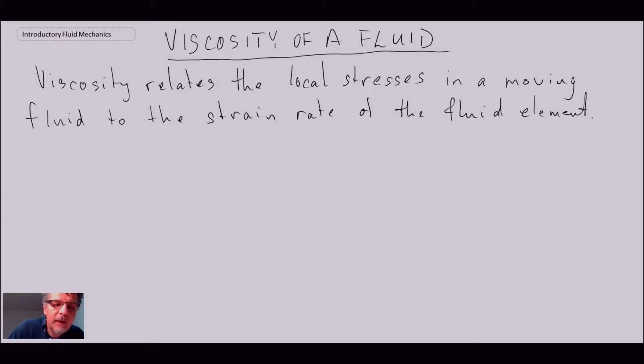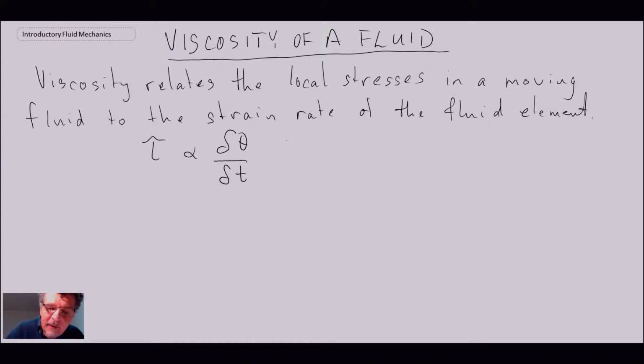And what we'll begin with, and it's a very common approximation to be making with fluids, we will assume that the fluids that we're looking at are Newtonian. With that, that means that the shear stress, which we define with tau, is proportional to, and what we'll show in this segment, the strain rate within the fluid.